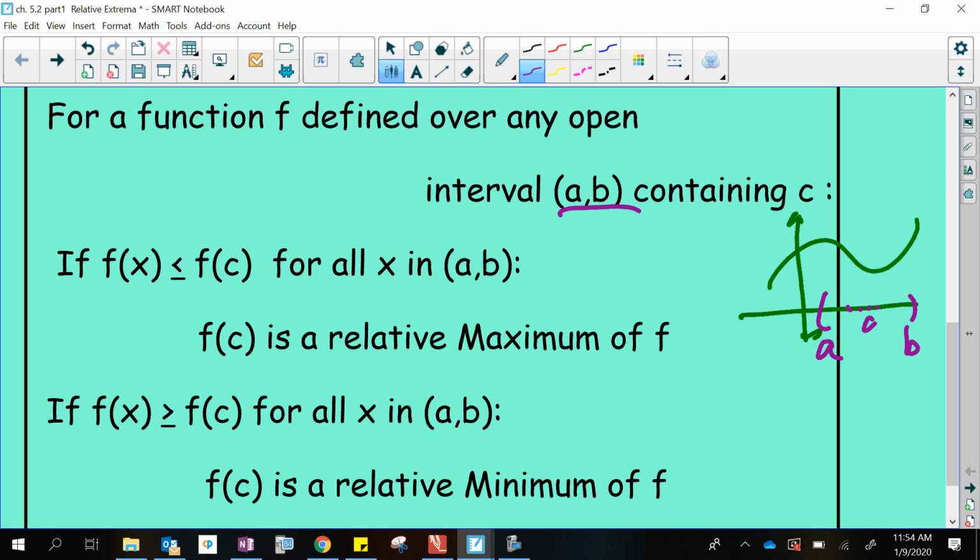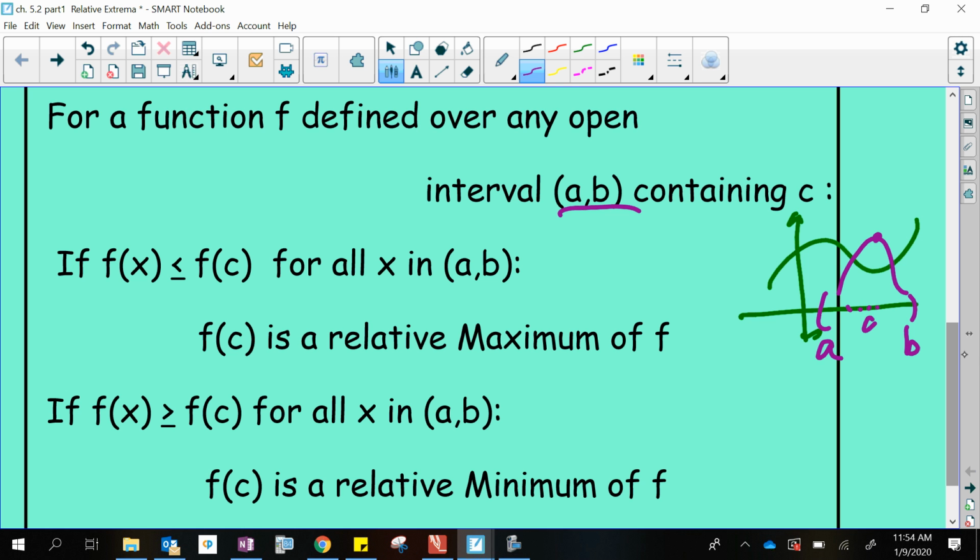Then this is saying if f of x, the y values for all the x's, is less than the y value for the point c, then c is a max. If c is the highest point compared to all the other x's in that interval, then c is a max, right?